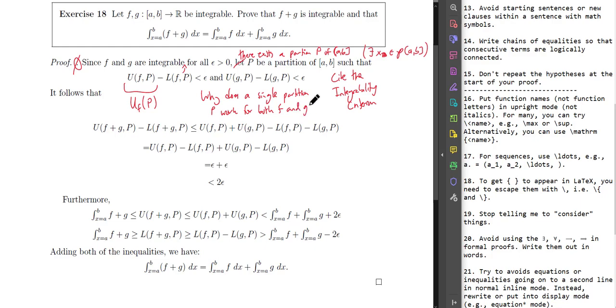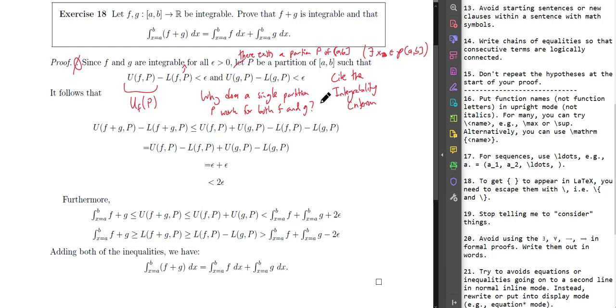I might say, well, I have some partition that works for F and I have some partition that works for G. Now, the answer to that is that probably you're not starting off with the same partition, right? Maybe you have some PF and some PG, but you can take a common refinement of those partitions.